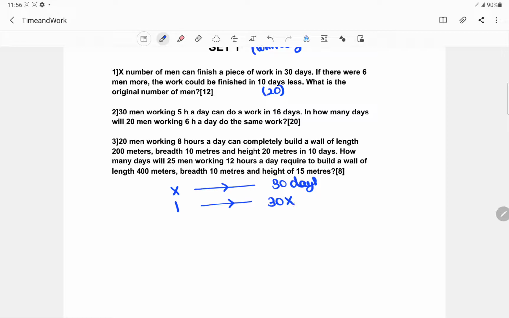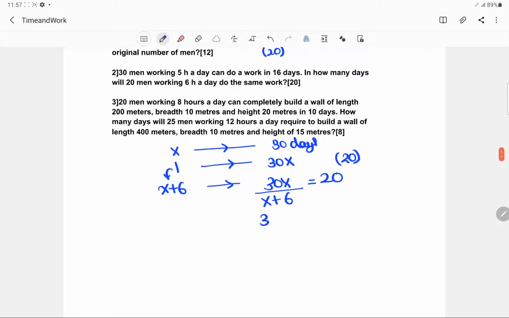So this is like 30x. Then you have x plus 6 men. Of course, as compared to 1, they would be doing the work in a lesser number of days. So this would be like 30x upon x plus 6, and this is nothing but 20.